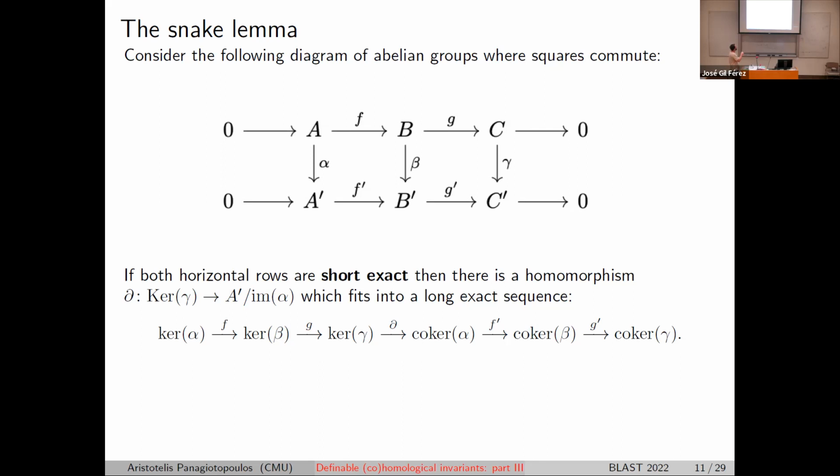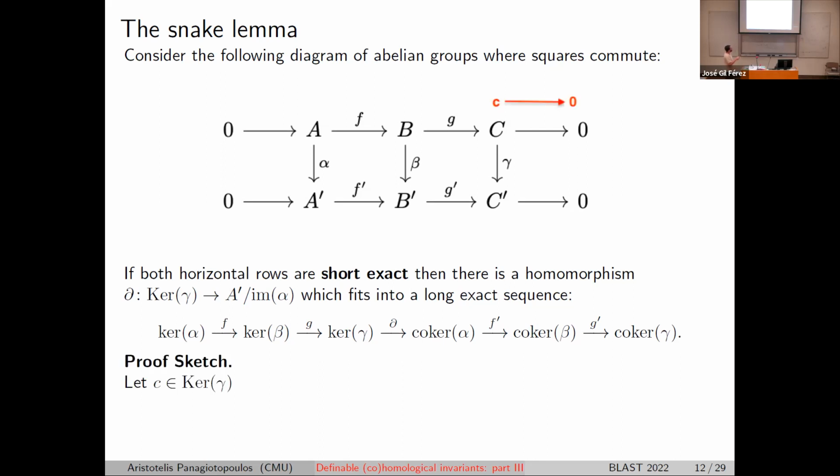Let's start with an element c here in C, which is in the kernel of gamma. C is in the kernel of gamma means that when you map it that way, you go to 0. But the fact that C maps to 0 that way is trivial because there's nothing here except 0.